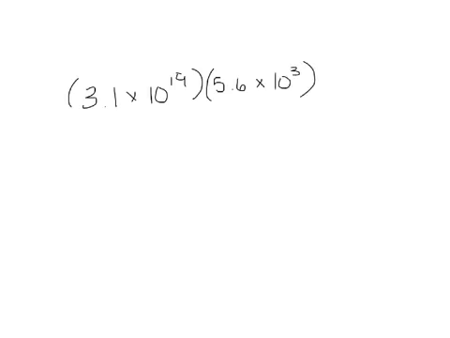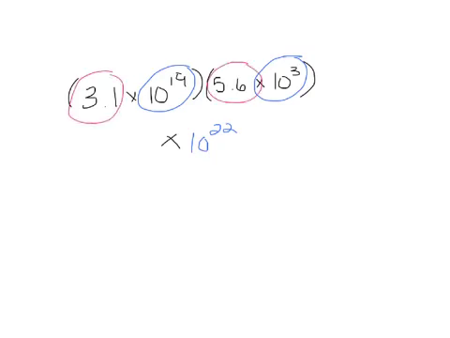It's still going to work that I'm going to take the 10 to the 19th and the 10 to the 3rd and turn it into 10 to the 22nd, and I'm going to multiply it by whatever 3.1 times 5.6 is. So I'm going to come over to the side and multiply these out.